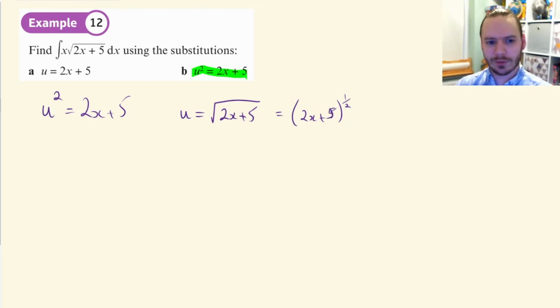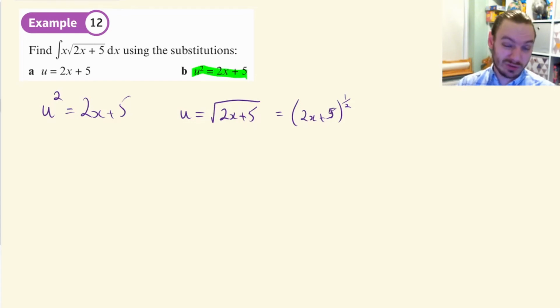We also need to deal with our dx. Now this is going to be tricky, so I can't really deal with differentiating u equals root 2x plus 5 easily. I mean, I can. We can do it with a bit of fiddling around with chain rule and things, but it's actually a bit of a pain to do that.